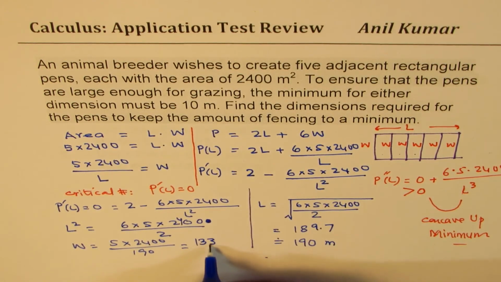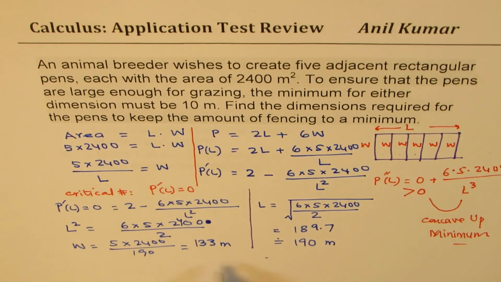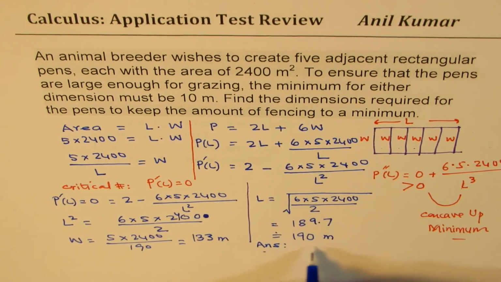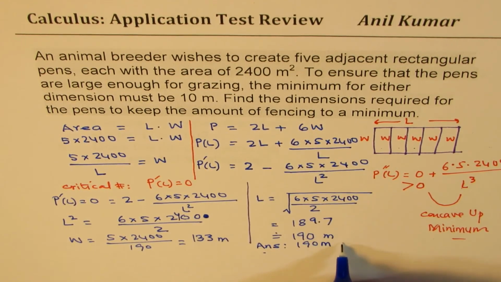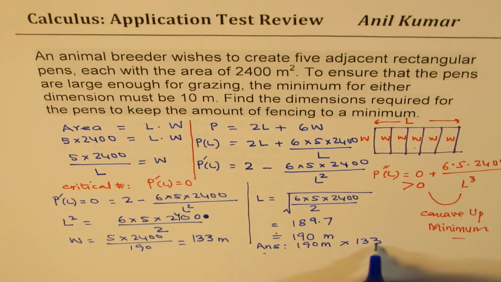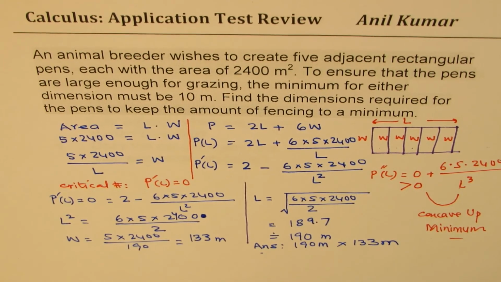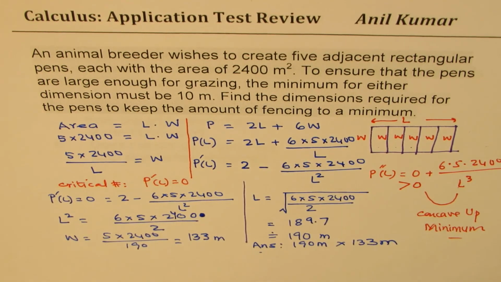We'll write this as 133 meters. So that becomes the dimensions. Correct? So our answer here is dimensions are 190 meters by 133 meters. So I hope that's absolutely clear. You need to follow all these steps to get full marks in your exam.